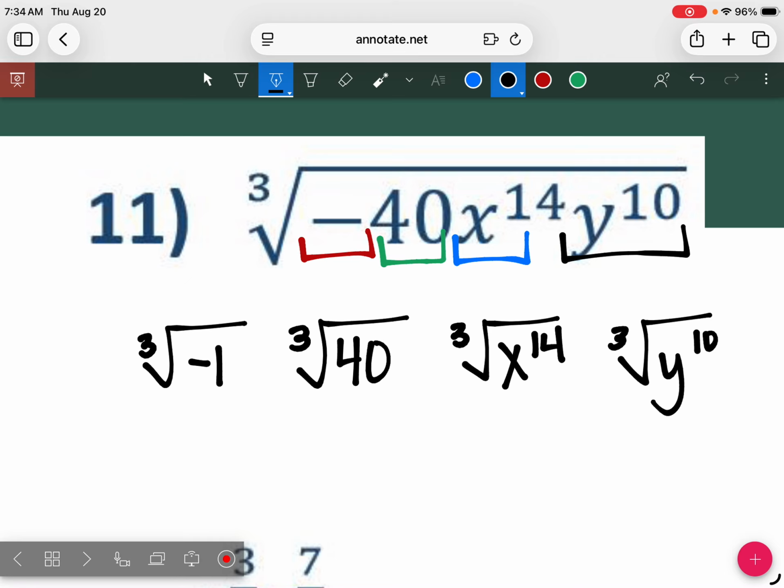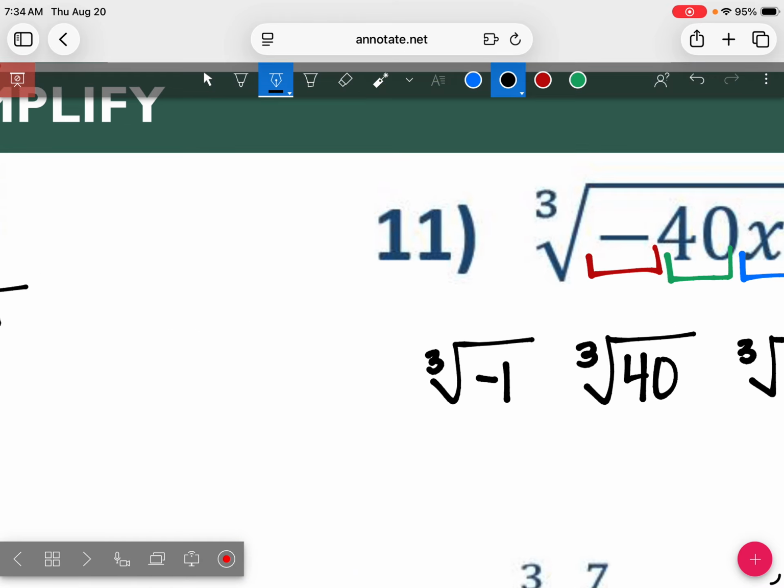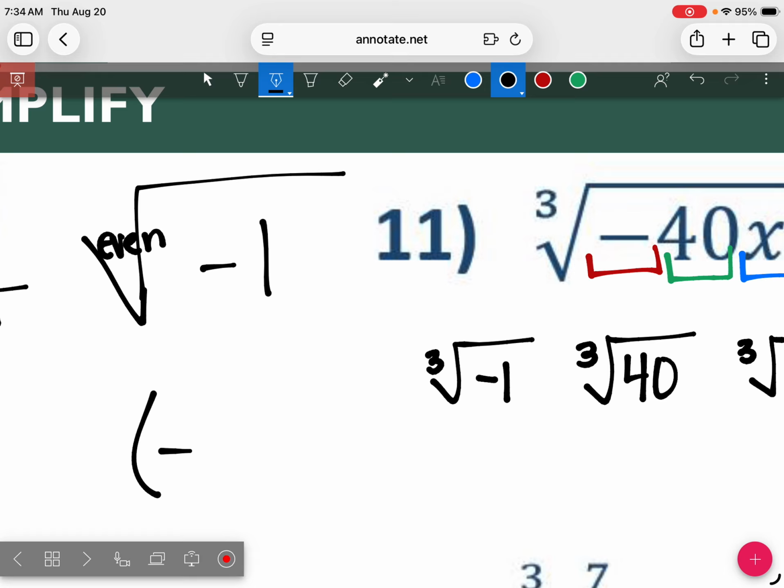So anytime, and let's go back and review that. If you have a radical and the number in the elbow is even, and it's a -1, pick up your calculator and type in parentheses -1 to the power of 4. Everybody type that in.